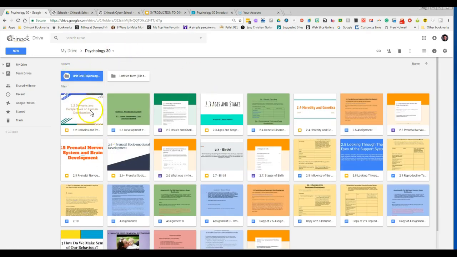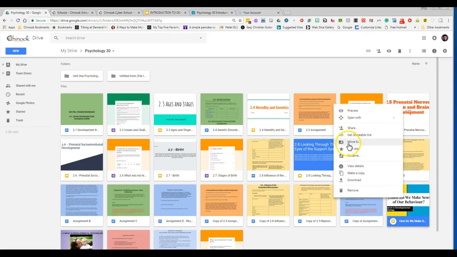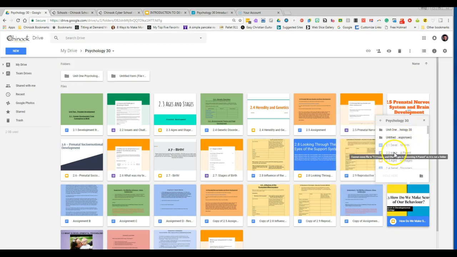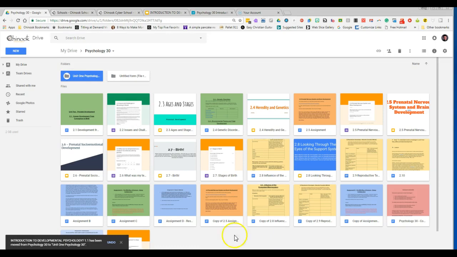Then I'm able to put all of my stuff from Unit 1 in there just by dragging. The other thing you can do is right click on Unit 1 and go Move To, and Psychology 30, and it'll do that as well. If you want to make copies of everything that I've done, that would help as well.